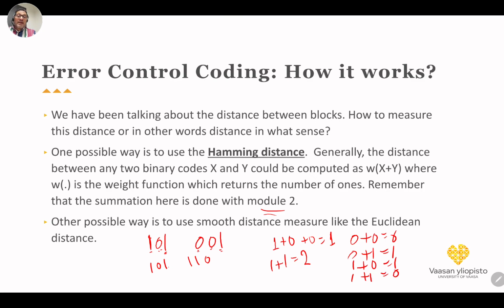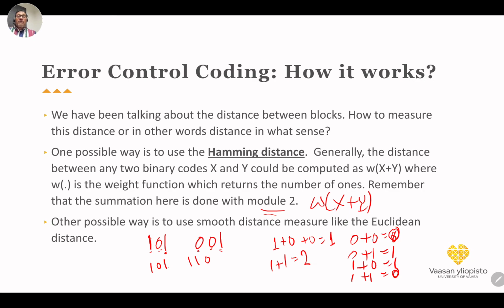This is the modulo 2 summation, and then we compute W, the weight of X plus Y. This gives you the number of ones in that summation, and you can see that if they are the same, 0 plus 0 is 0, and 1 plus 1 is 0, and if they are different, then the result will be 1.